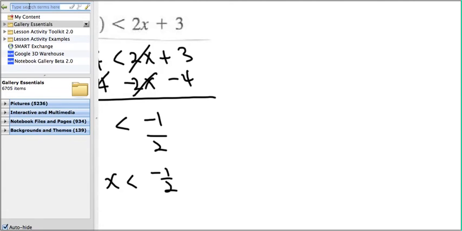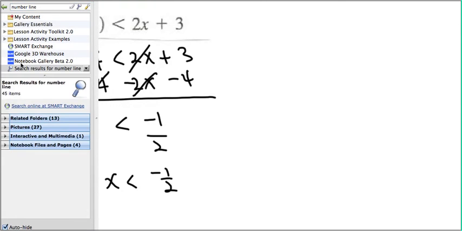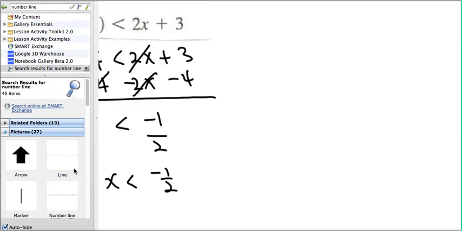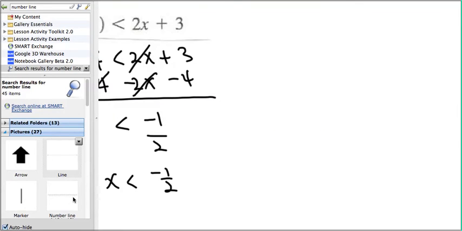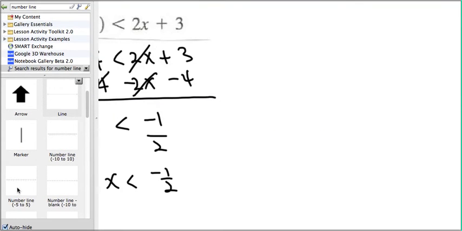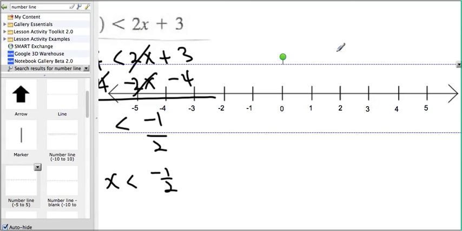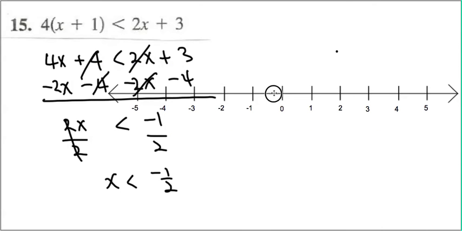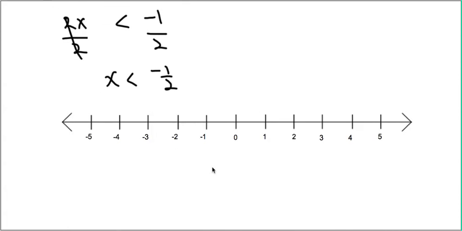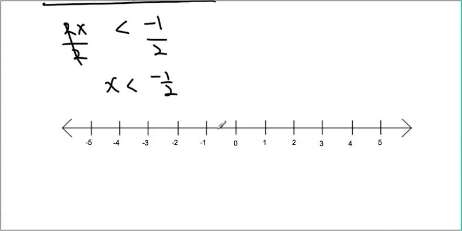If you want to put this one into the number line, as an example, -1/2 is around here, but it has to be an open circle and x has to be less than that.